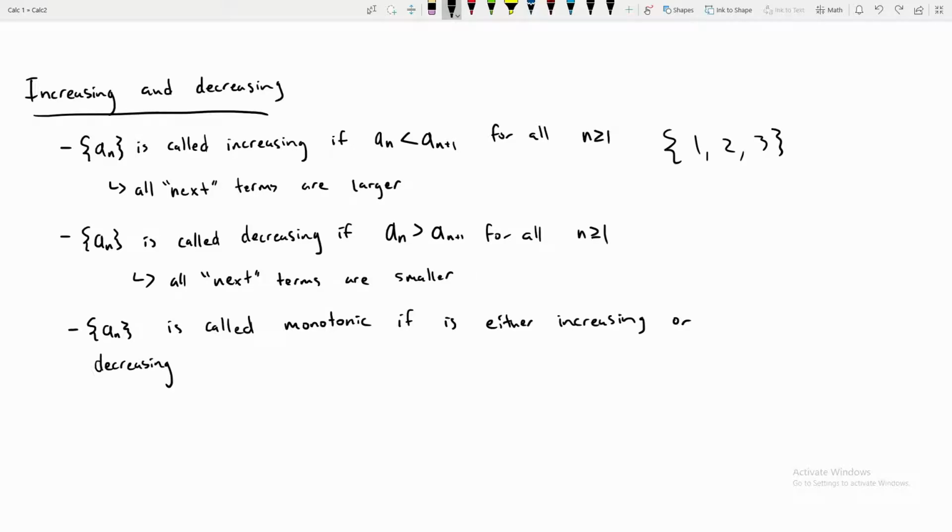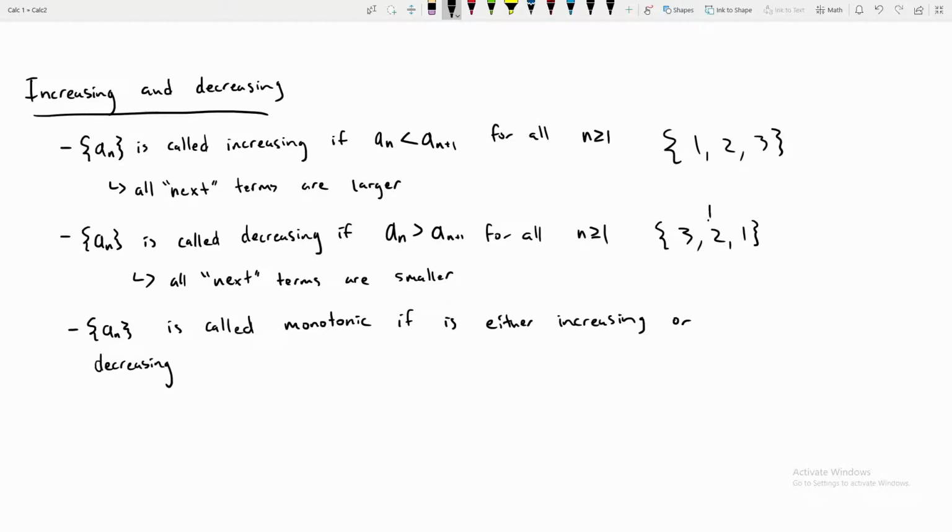The opposite applies for decreasing. Decreasing is if a_{n+1}, the next term, is smaller than the term before it. I marked it here. Then we say that sequence is decreasing. And again, something like 3, 2, 1 will be decreasing because when we're on 3, the next term right here is 2, and 2 is less than 3, so it's decreasing.